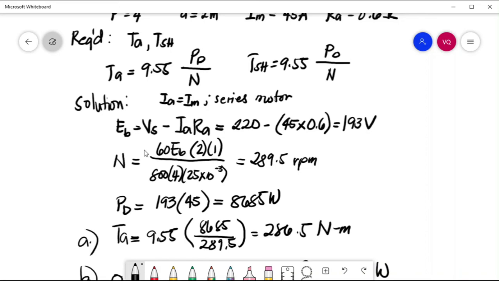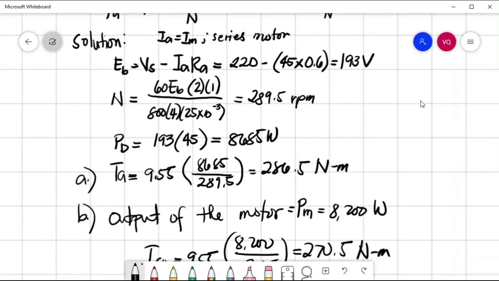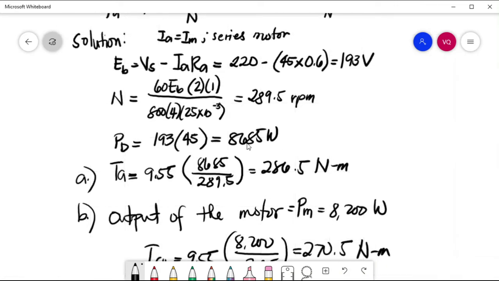Computing the speed, that is equal to 289.5 RPM. Power developed is EbIa, so that is 8,685 watts. Solving now the armature torque, that is 9.55 times 8,685 divided by 289.5, equal to 286.5 Newton meter.